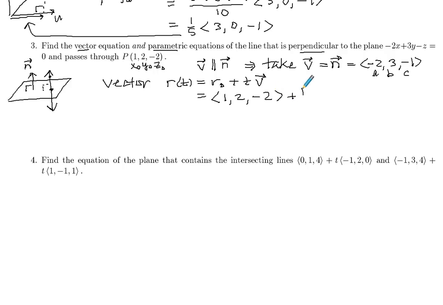And then plus t times our direction vector, -2, 3, -1.